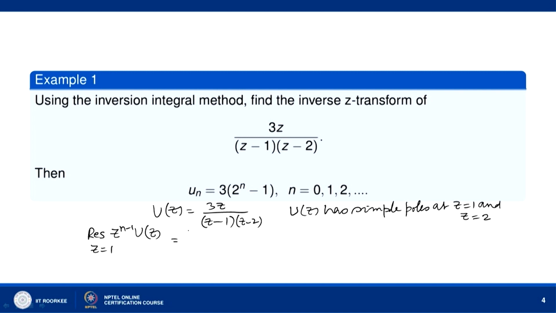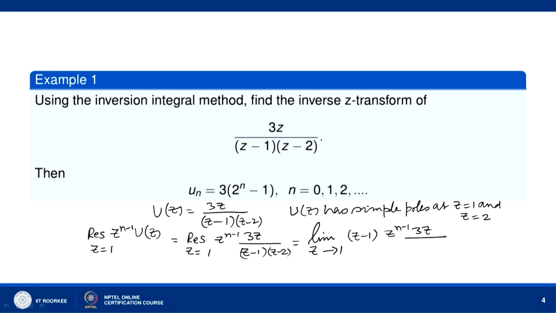So, this is residue of Z to the power n minus 1 into 3z over z minus 1, z minus 2, which is equal to limit z tends to 1 of z minus 1 into z to the power n minus 1 into 3z divided by z minus 1, z minus 2, because U of z has a simple pole at z equal to 1.